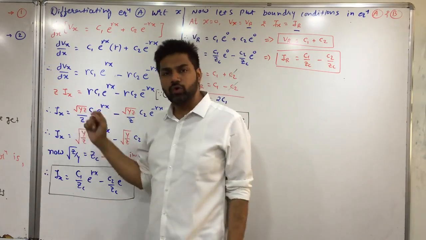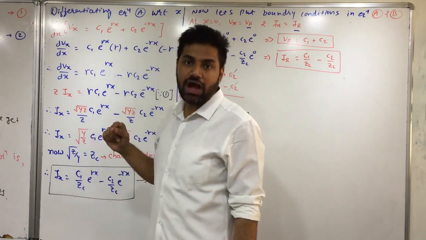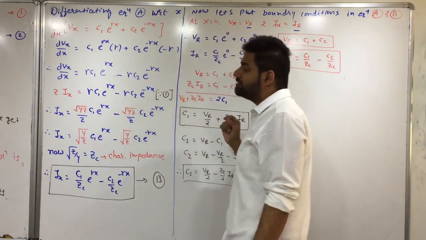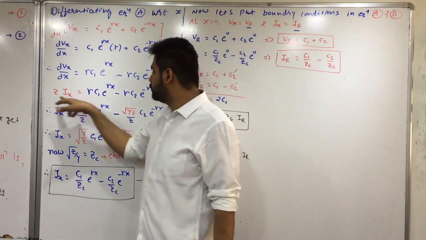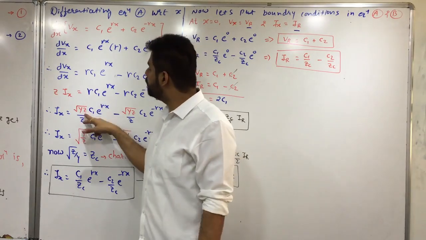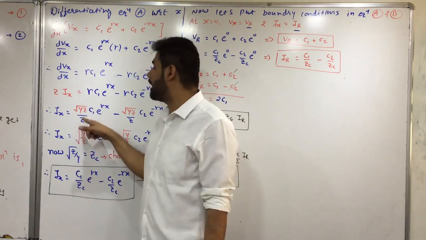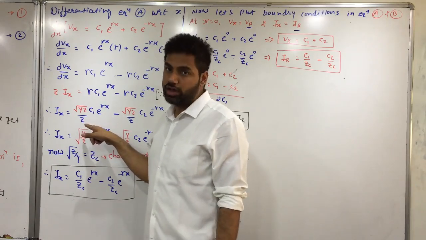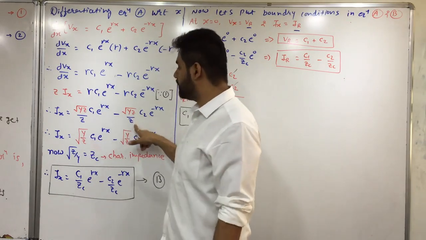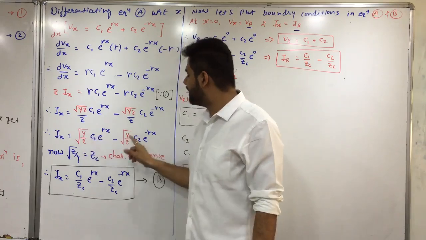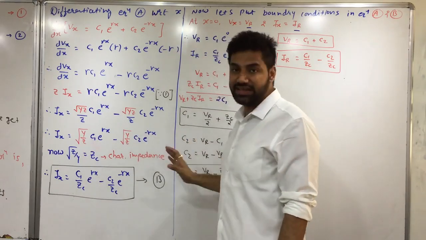Now gamma, the way I have told you, is a propagation constant, and the value of gamma is under root y into z. So Ix is equal to, z will come into the denominator. I have kept the value of gamma as well, so z will get cancelled out, root z will get cancelled out, and I'll be having under root z in the denominator. So we'll be having the same thing over here, under root y by z. All other things are the same.